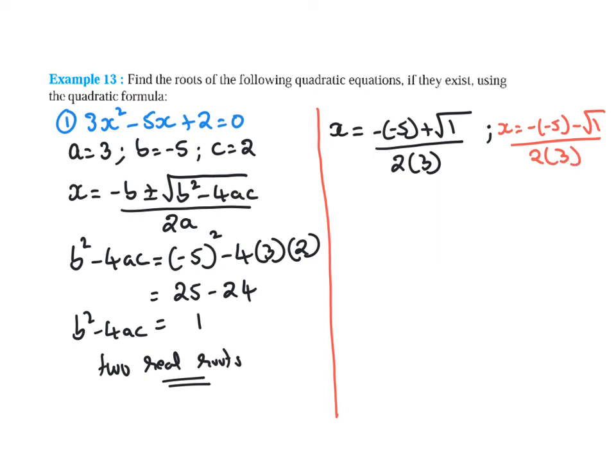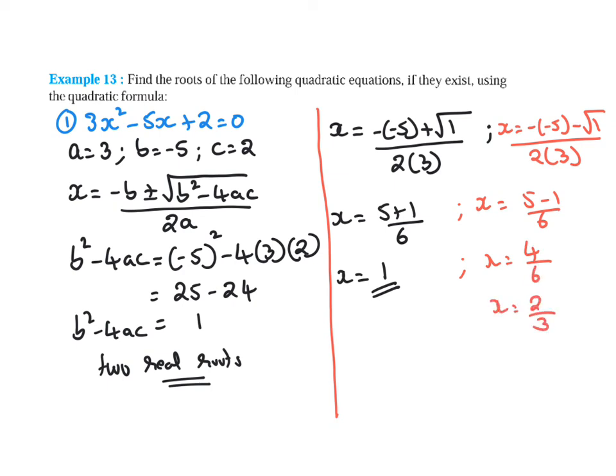Now we can solve this. x is going to be equal to 5 plus 1 over 6, so x is equal to 6 over 6, which is 1. We found one root. And here, x is going to be equal to 5 minus 1 over 6, which is 4 over 6, so x is equal to 2 over 3. So we found the other root. The two roots of the equation are 1 and 2 over 3.